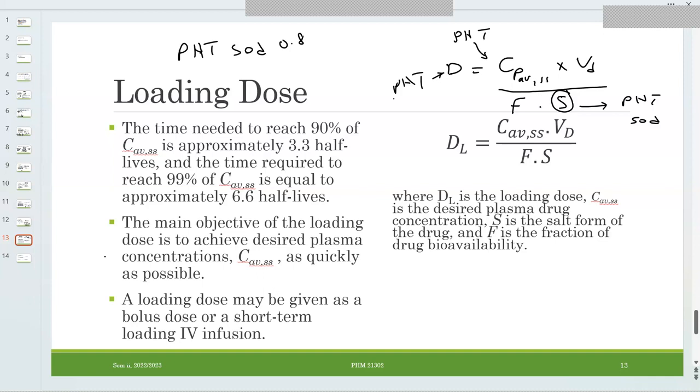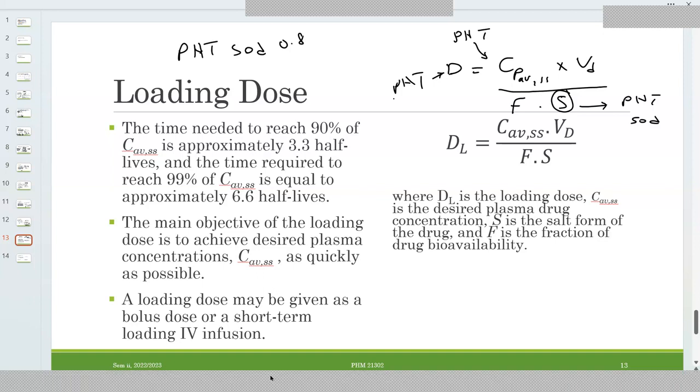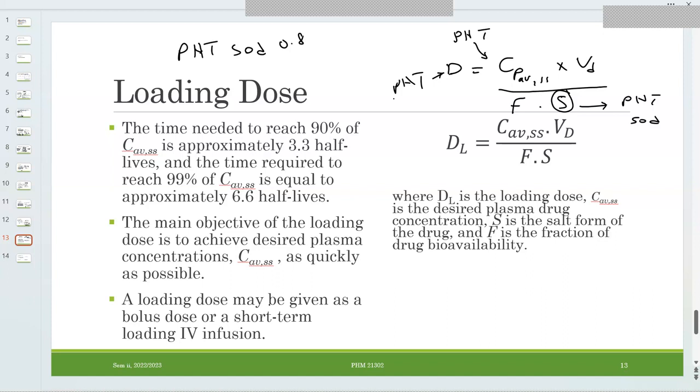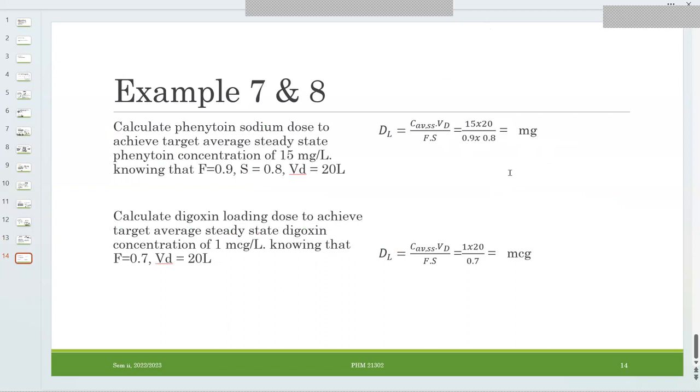The same concept we explained before. Loading dose can be given orally, by IV infusion, by short infusion, or by IV bolus. If it is given orally, then you have to use this equation. If given by IV, probably also use this equation and so on.